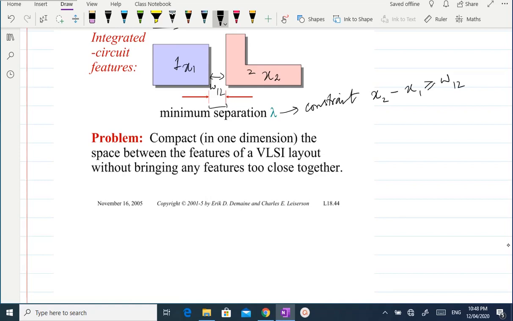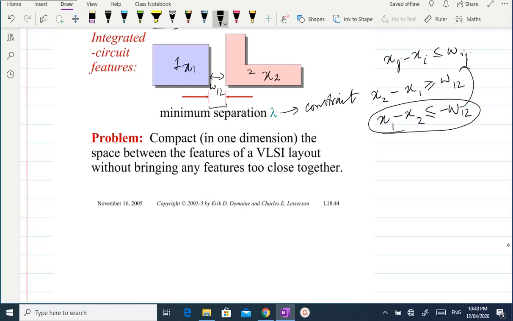This is different from our original constraint, which has to be in this form: xj minus xi should be less than or equal to some wij. We can always transform this into this form by multiplying the left and right hand side by -1. By doing this we get x1 minus x2 should be less than or equal to minus w12, and now this whole thing is in this form and the rest remains the same.